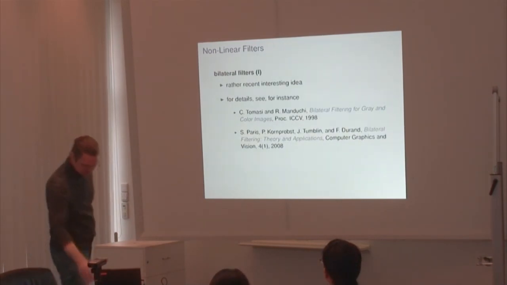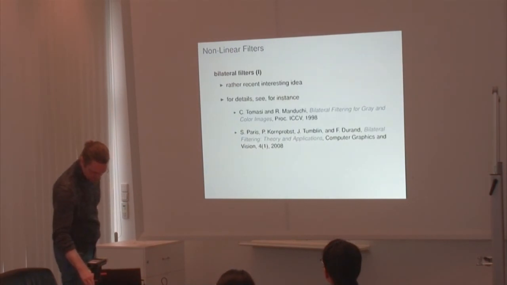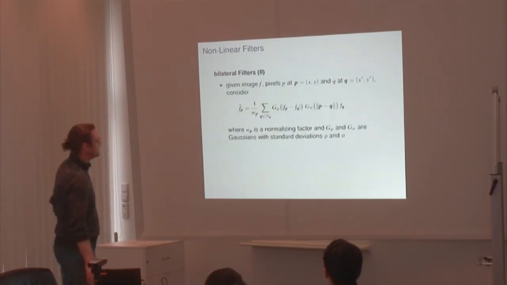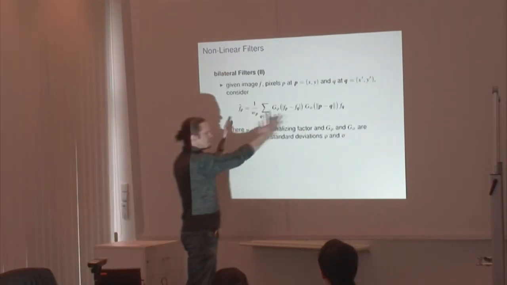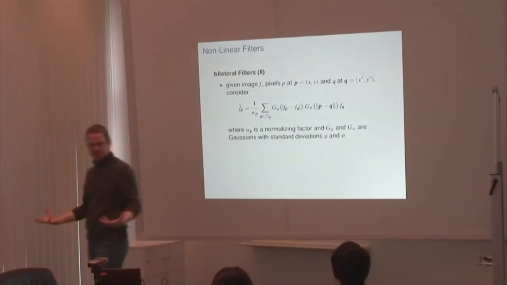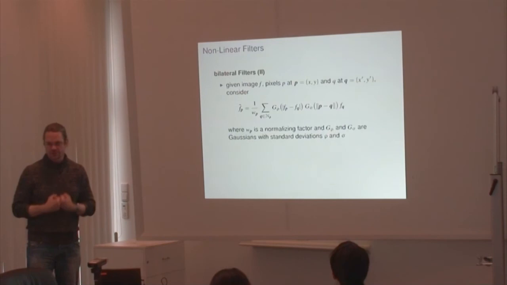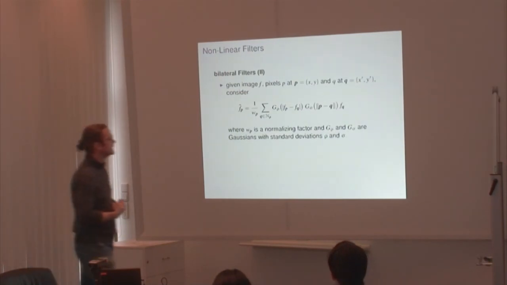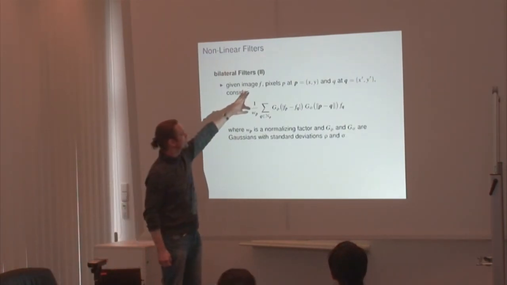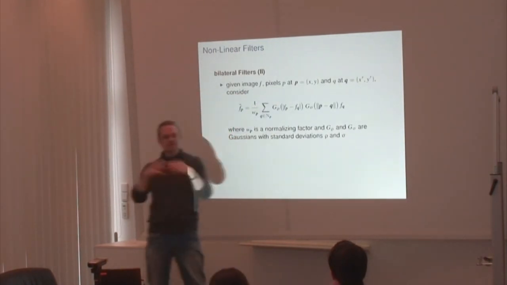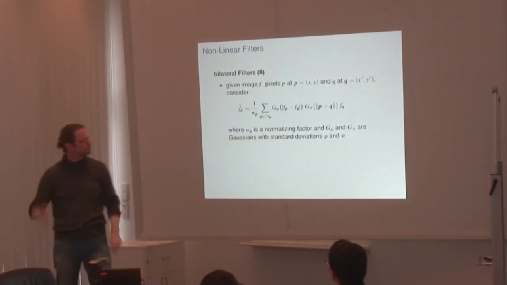Without further ado and without going into the details, the headline is still nonlinear filters. But it looks as if this is just a convolution, for which we found that convolutions are linear operations. So we are given an image, and we are given a pixel, which is the center pixel of a local neighborhood.